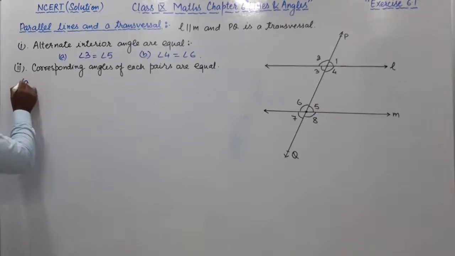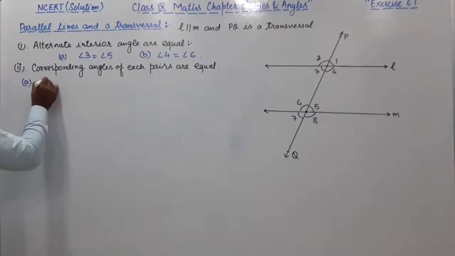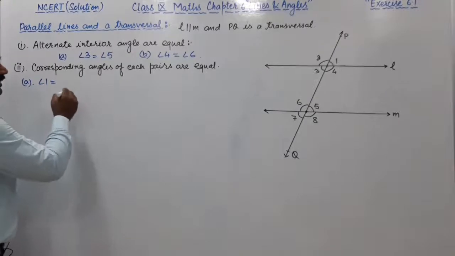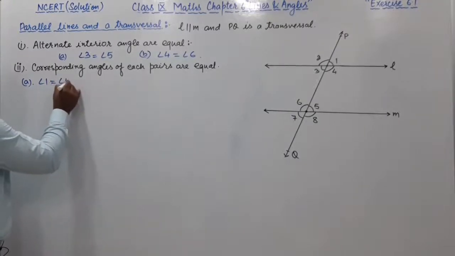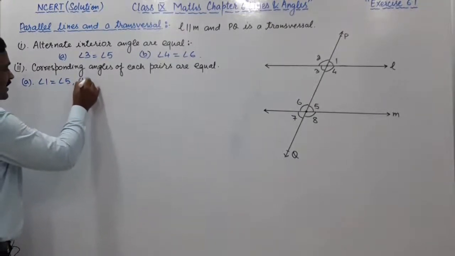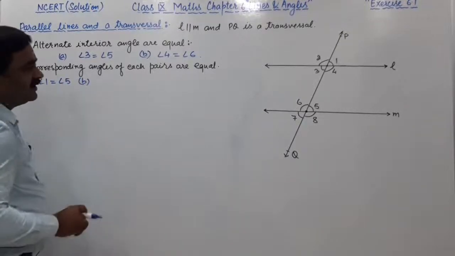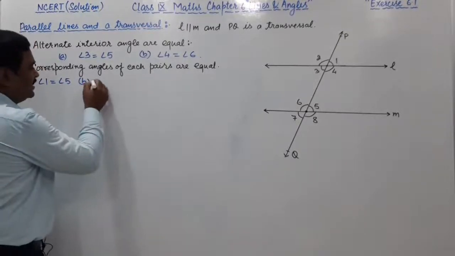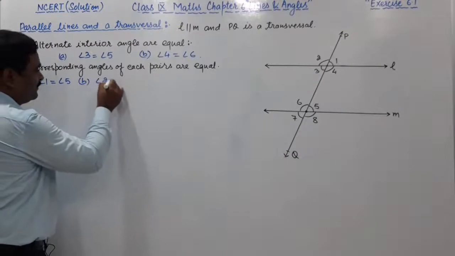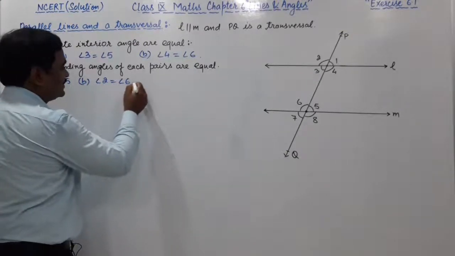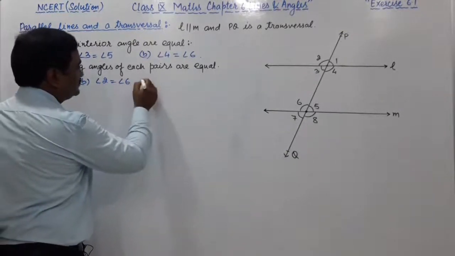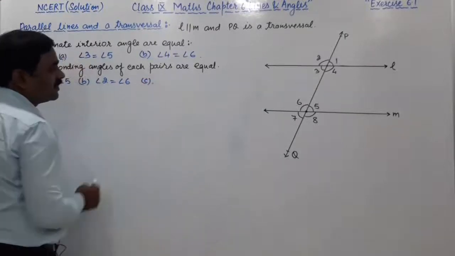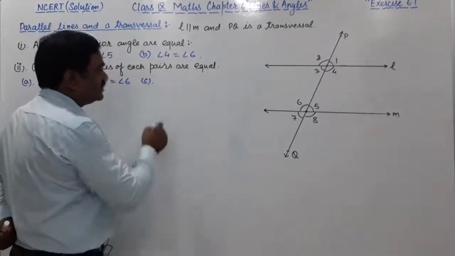Say, angle 1 is equal to angle 5. Second, angle 2 is equal to angle 6. Third, angle 3 is equal to angle 7.